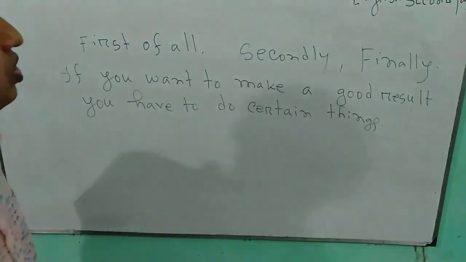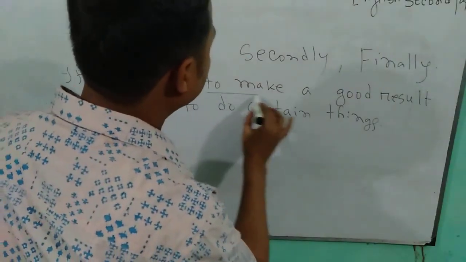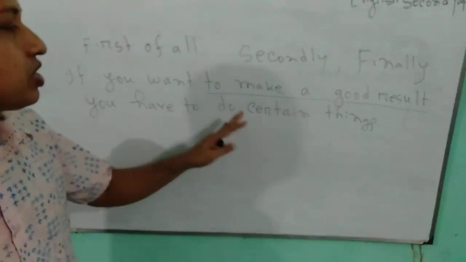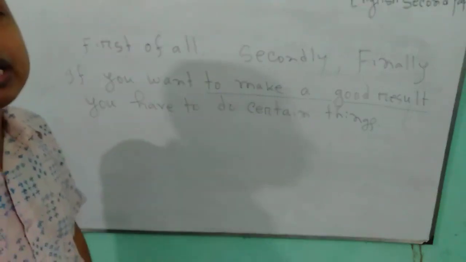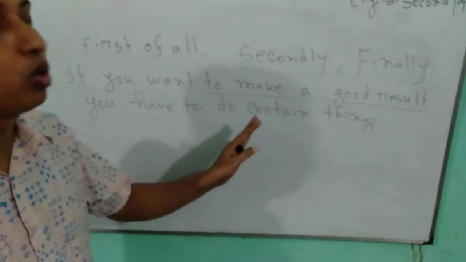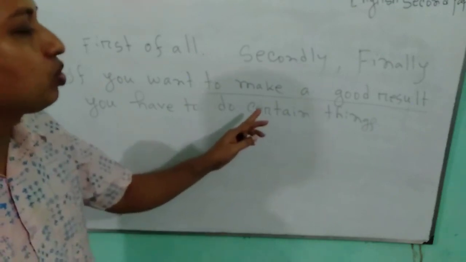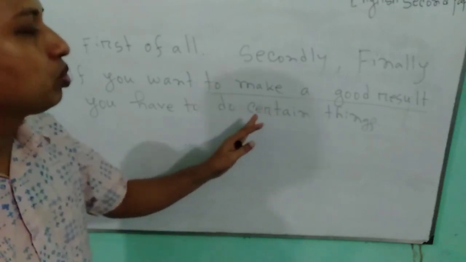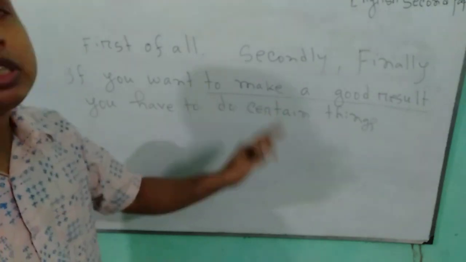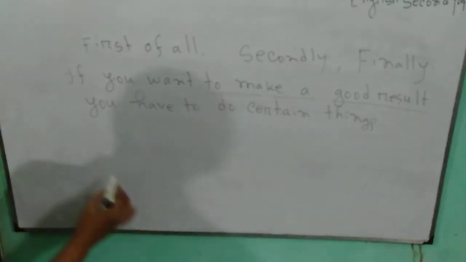Here the keyword is to make a good result. You would like to make a good result. So you cannot make a good result by taking just one initiative or by taking one action. If you want to make a good result, you have to do a number of things. So you have to do certain things.